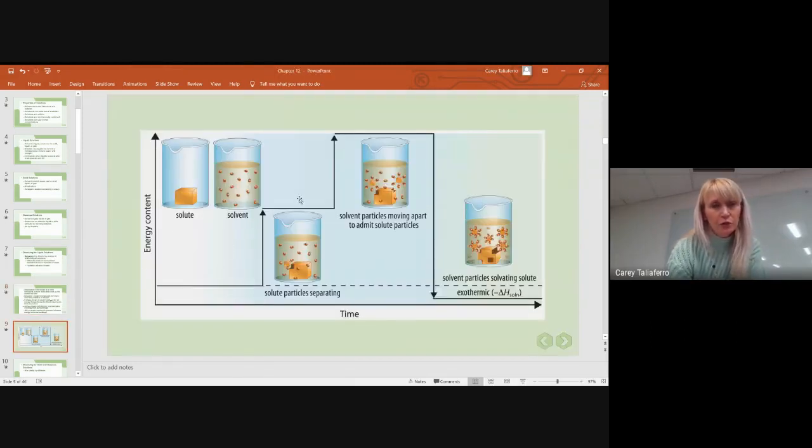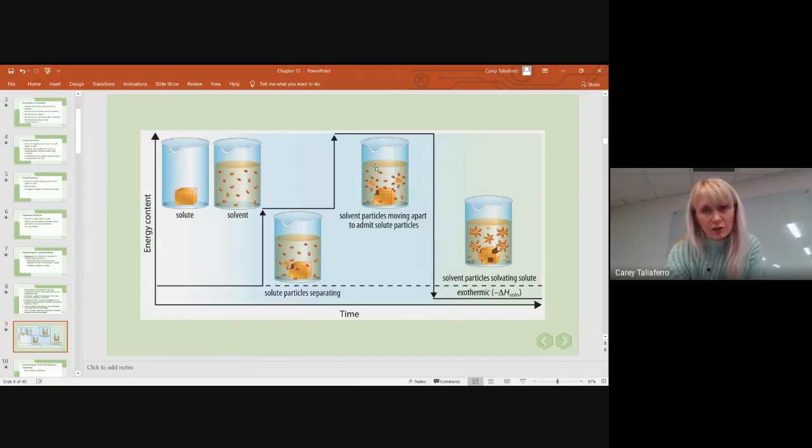And this chart is also in your book. You can see up here what's going on. You have a cube of something, whether that be sugar or salt. The energy content changes as it starts to break apart. So here you can see this cube is starting to break apart into its individual particles.